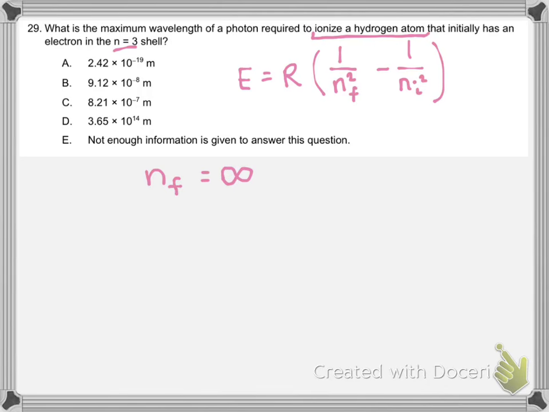We're taking it to a shell that's so far away, the distance is kind of infinite. So if we write this out, our initial state is 3, we can solve for the energy.